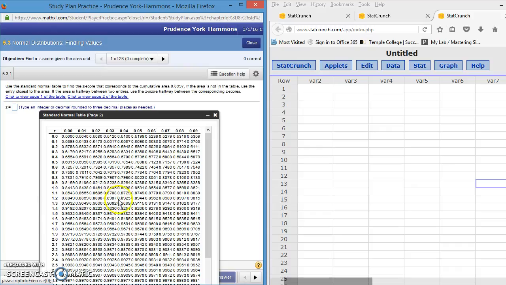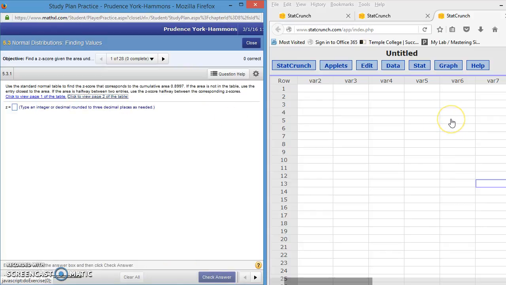And so when I look here, there's 8997 right here. So if I look to the left, that's 1.2, and if I look up, that's 0.08. So my z value should be 1.28.